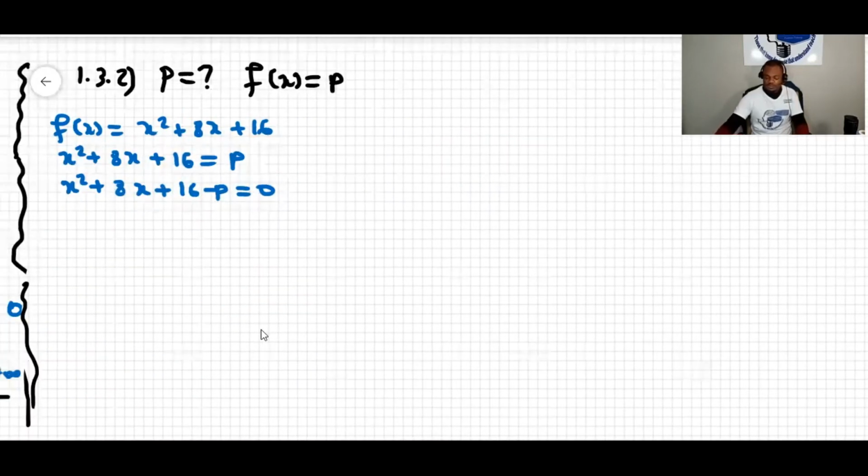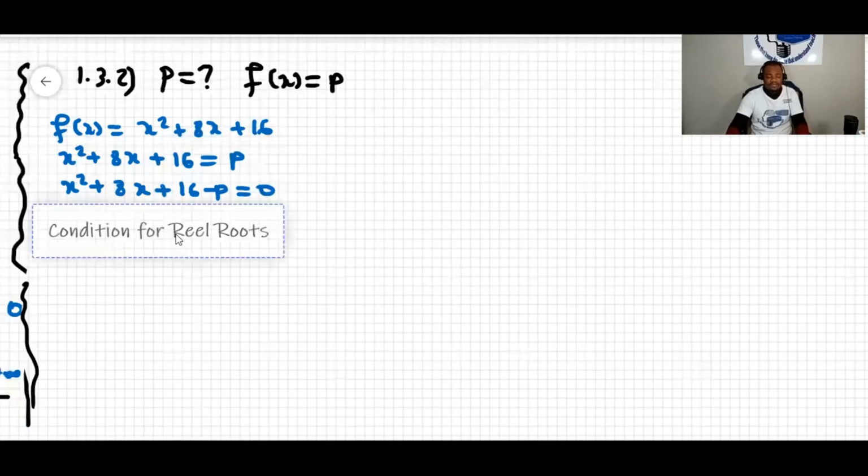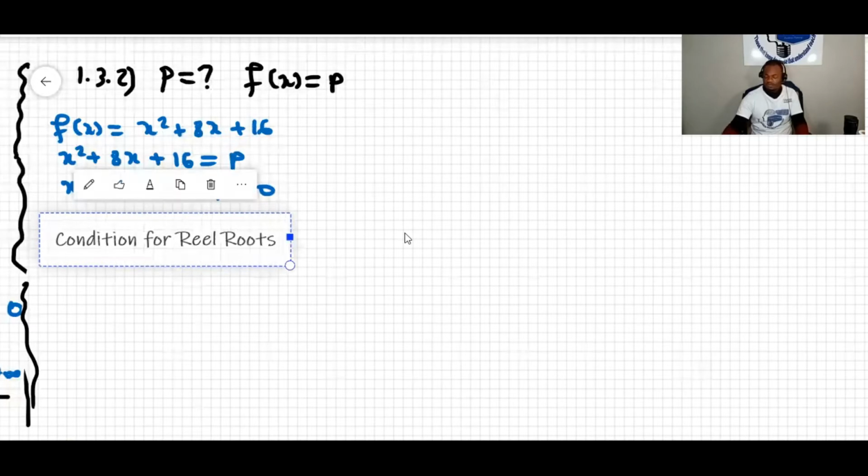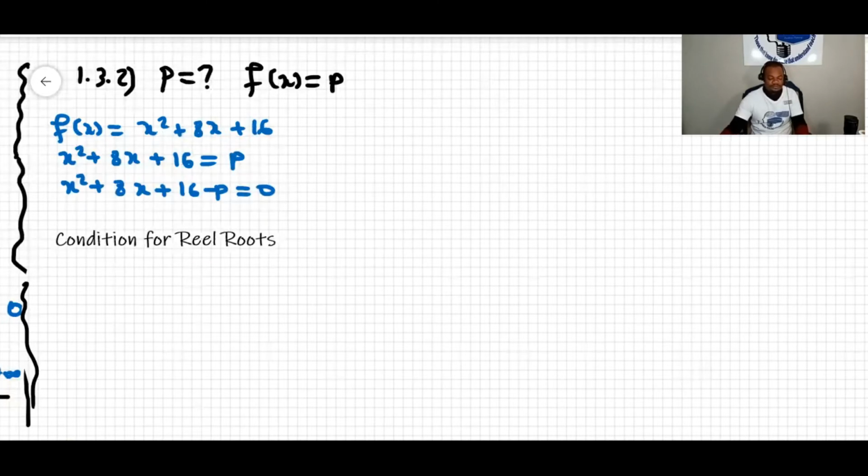So first of all, let's talk about the condition for having real roots. We can have real roots if the discriminant delta is greater than 0. The discriminant itself is given by b squared minus 4ac.